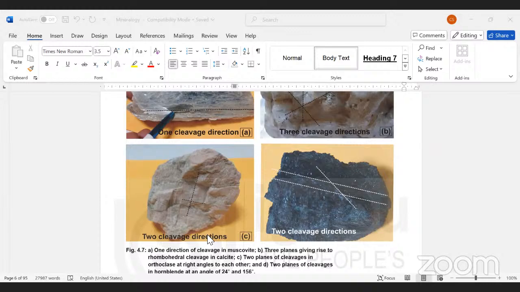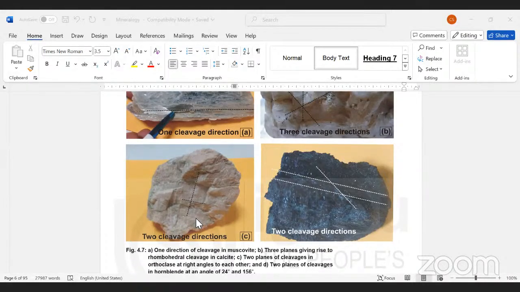This is an important question. Write about the types of cleavages with examples. In examinations, they will ask questions like this: what is cleavage? Explain with examples and types of cleavages.